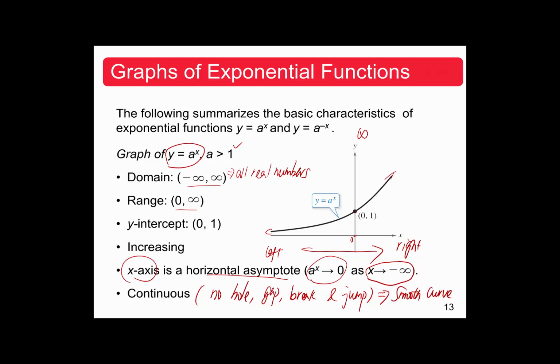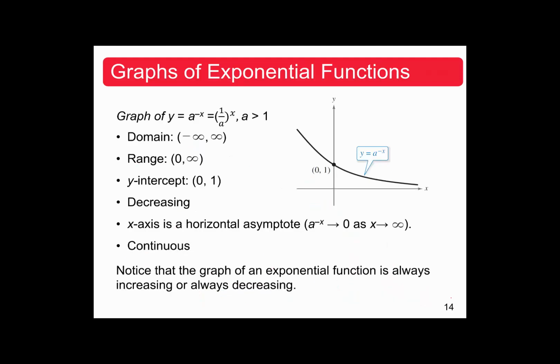Now, you can learn in a lot greater depth in calculus 1, 2, 3 when we talk about continuity in the calculus sequence. And if you look at y equals a raised to negative x, you can use the same transformation, turning it into the base 1 over a.